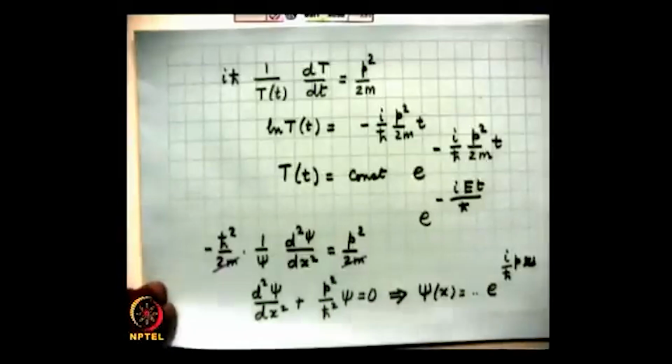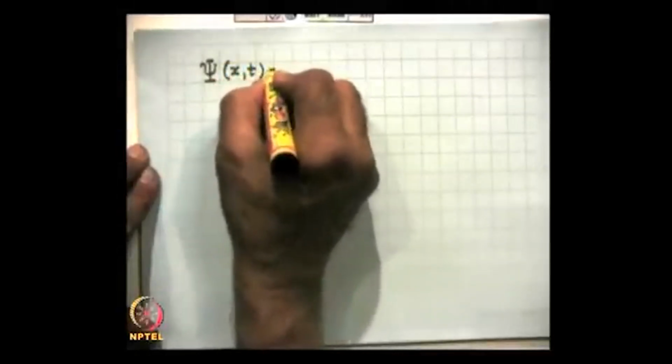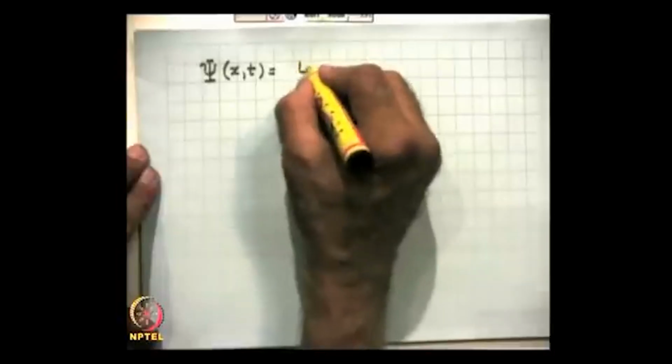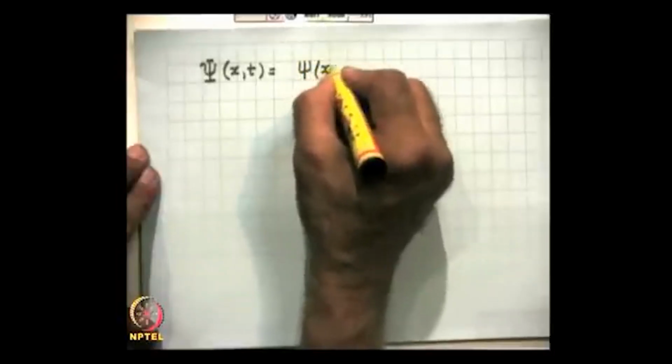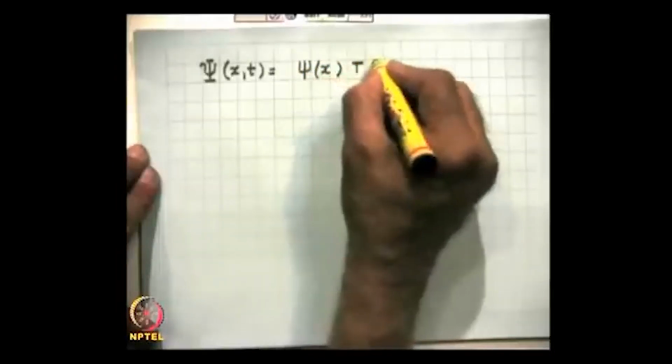So, the complete solution: we assumed psi of x comma t as equal to psi of x into T of t.